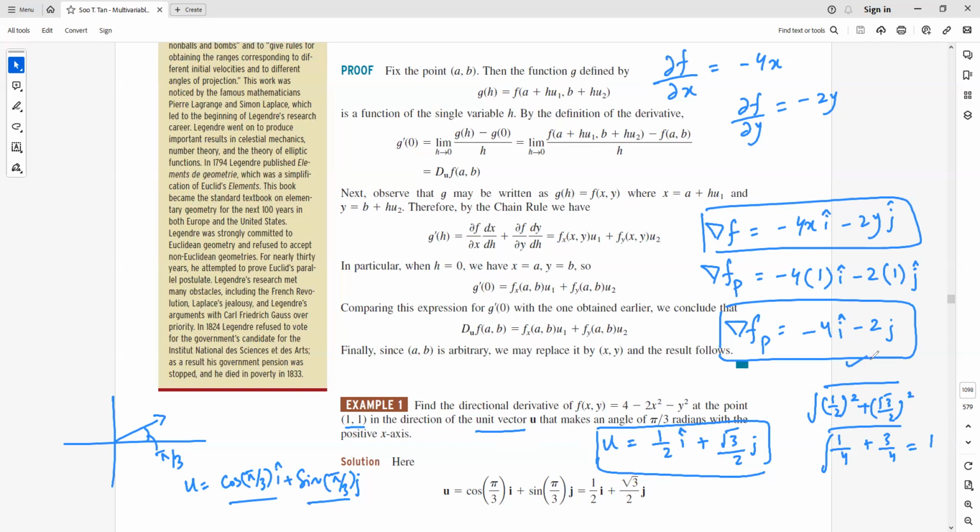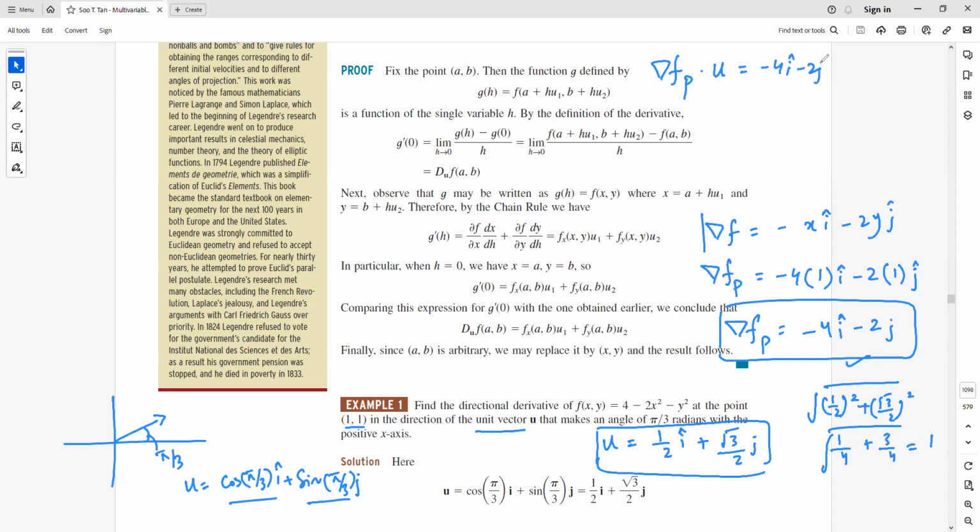Now we have the gradient at the point, we have the unit vector. Now we need to find the dot product of these two vectors, that is the gradient vector and the unit vector, so we will get the directional derivative. So nabla f at P dotted with this unit vector u is equal to negative 4i minus 2j dot 1/2 i plus root 3 over 2 j.